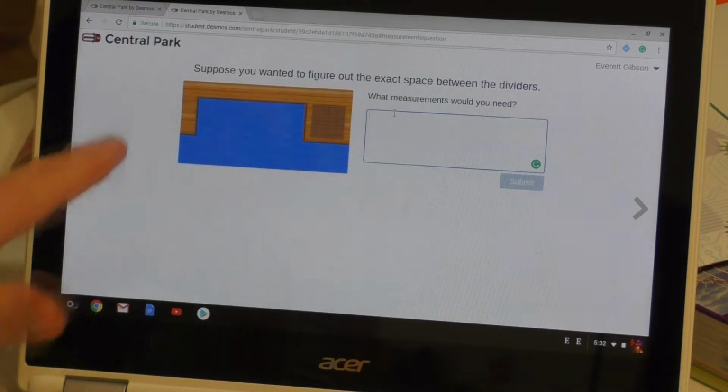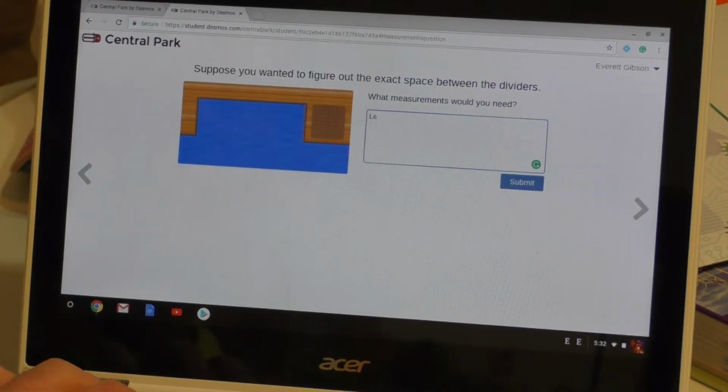So I'm thinking we're going to need the length of the whole dock. The whole parking area. And I'm thinking I need the length of the dividers, because those take up some space.